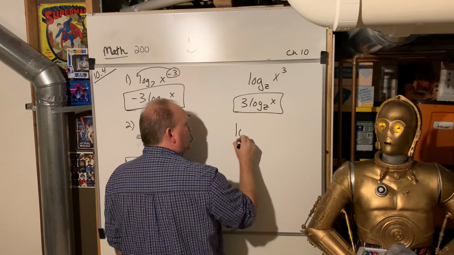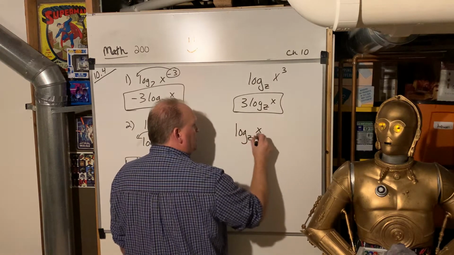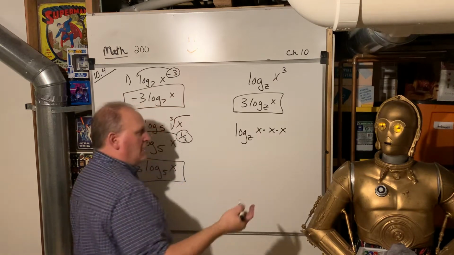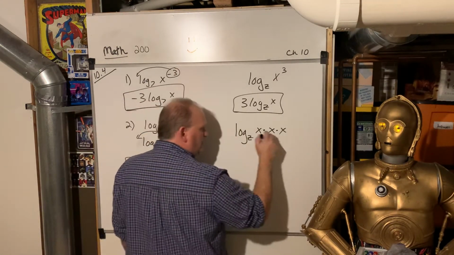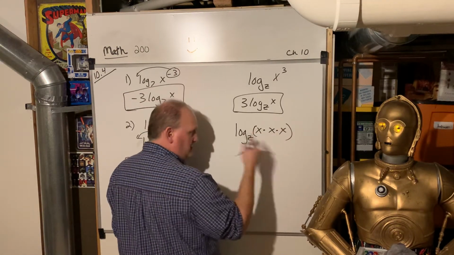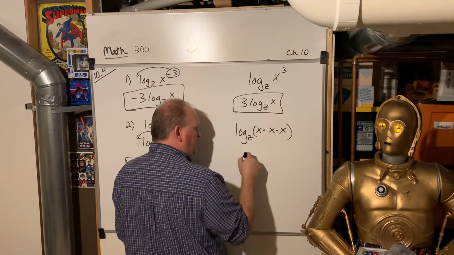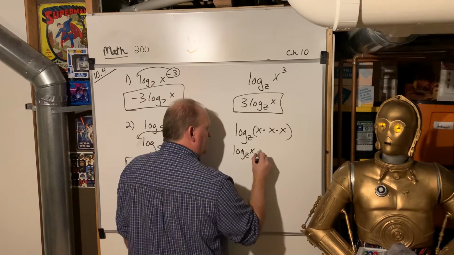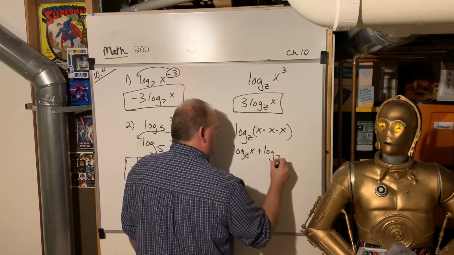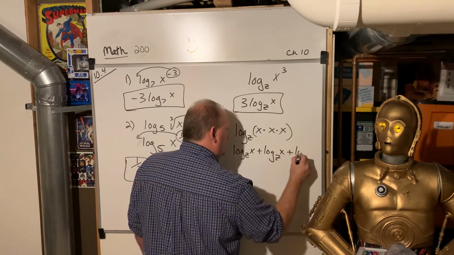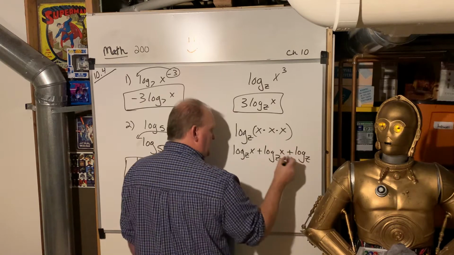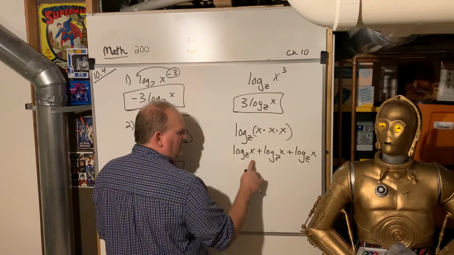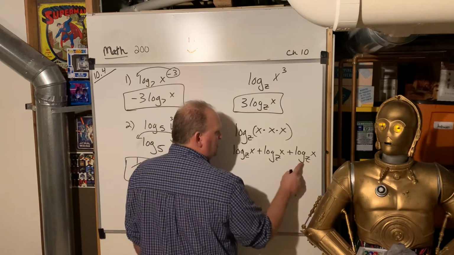This, remember, is shorthand for that. And remember, in log land, when you have multiplication like that, that's what we were doing in the section right before this one, we could have written it like this. Multiply in log land means plus. So we could have log base z x plus log base z x plus log base z x.